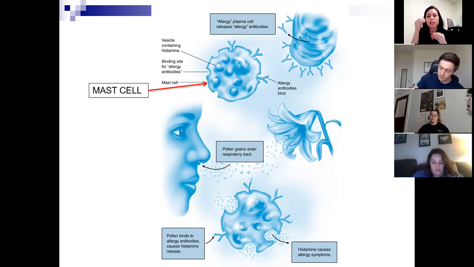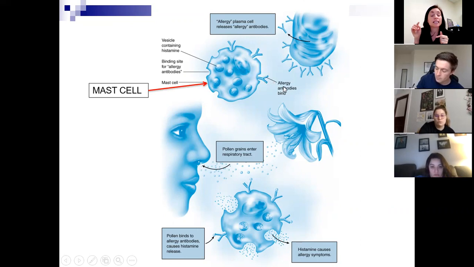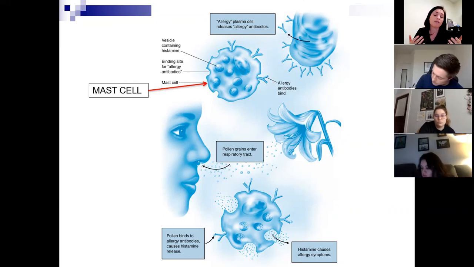When you introduce a little speck of pollen, or whatever that allergen is, it latches onto this little allergy antibody right here, this little thing that's shaped like a Y. The pollen latches on and sends a signal to the mast cell to release histamine. And when you release histamine, that's when you get all these symptoms: itchy, watery eyes, nasal congestion, and so on.